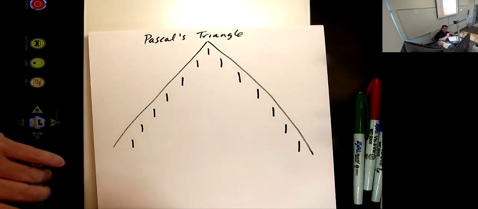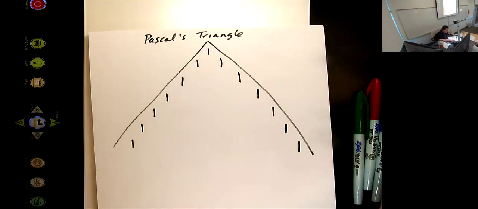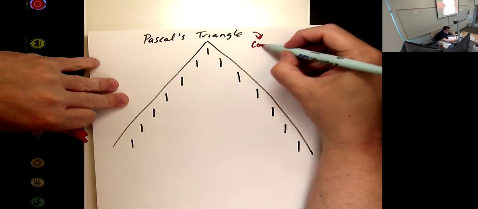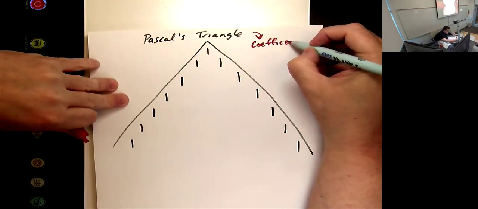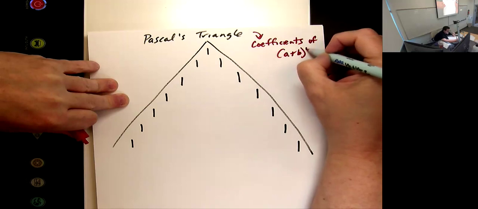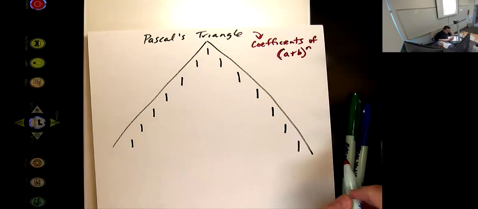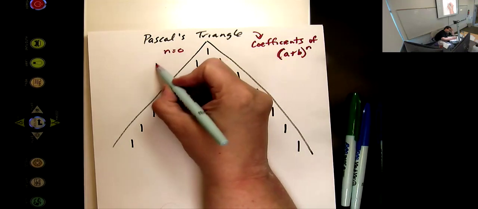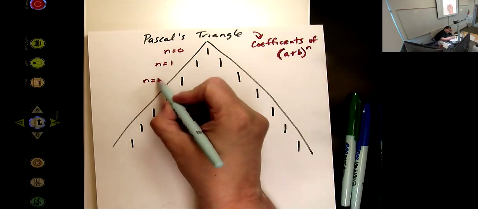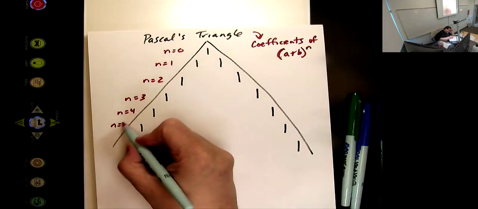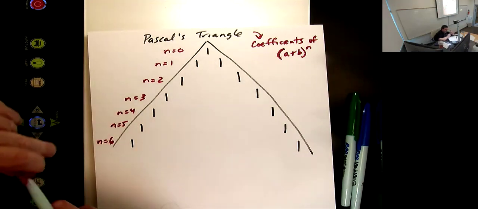These are the coefficients to the binomial theorem, a plus b to the nth power. This corresponds to n equals 0. This corresponds to n equals 1, n equals 2, n equals 3, n equals 4, n equals 5, n equals 6, and the triangle keeps getting bigger.